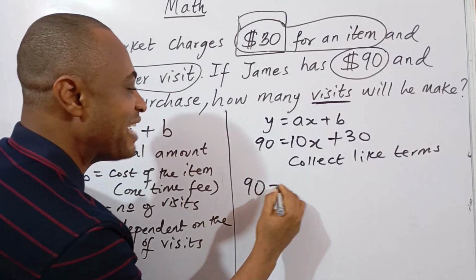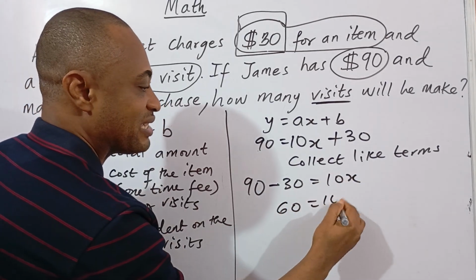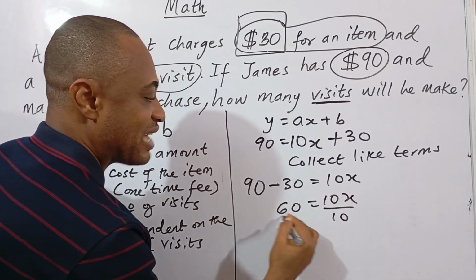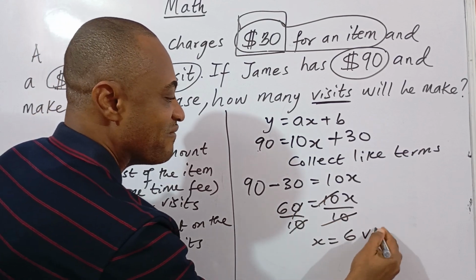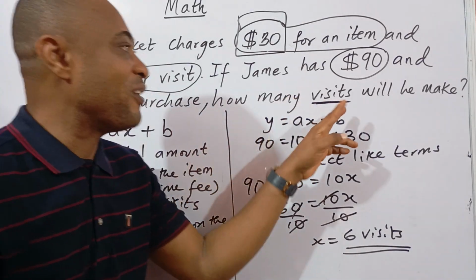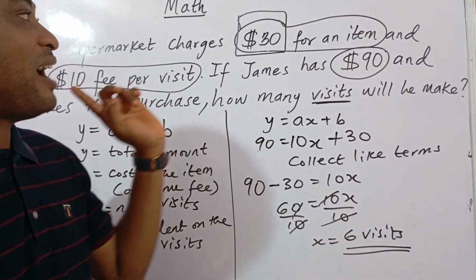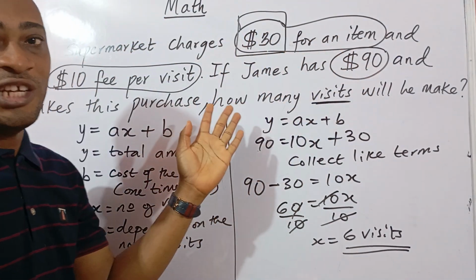Okay, so that will be 90 minus 30 equals 10x. So 60 is 10x. To get the number of visits, I divide by 10, and this will give me 6 visits. So 6 visits is the number of visits that James can make after he has made this purchase. So with his $90, he can actually do that.